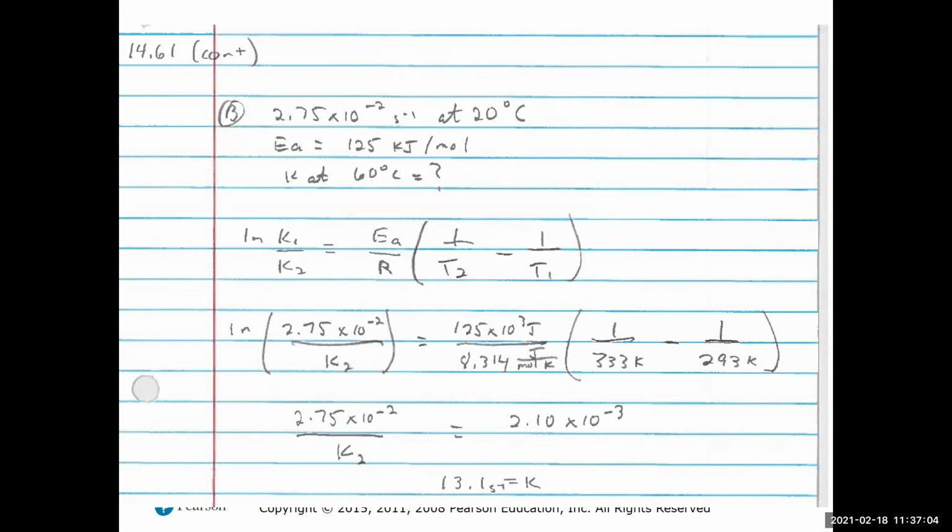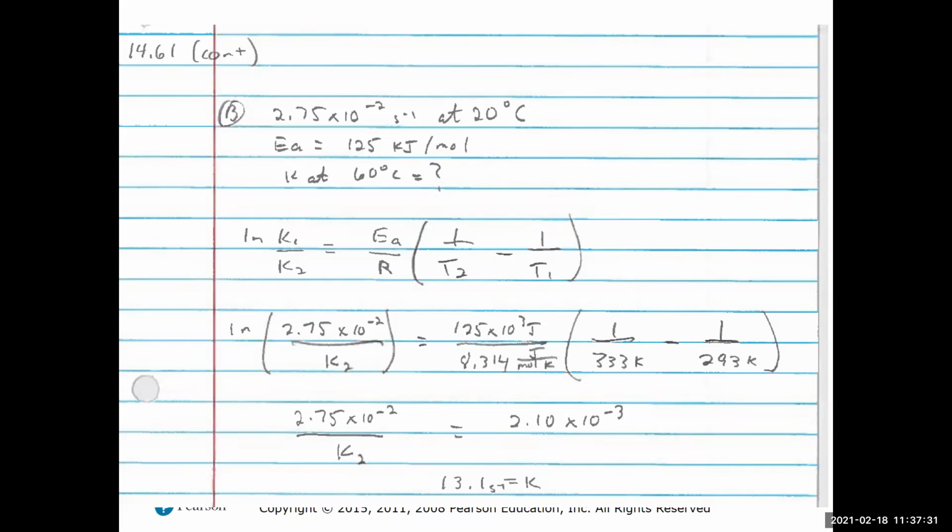So we're given a rate equation for the rate constant value at the 20 degrees. We're given the activation energy, and we want to calculate out what K is at 60 degrees C. So once again, we need to change our temperatures into Kelvin from C, and we want to change our activation energy from kilojoules to joules.